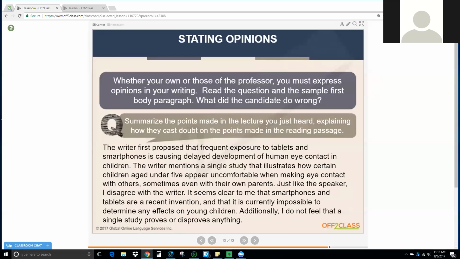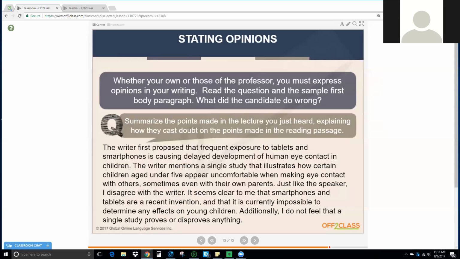So the writer first proposed that frequent exposure to tablets and smartphones is causing delayed development of human eye contact in children. The writer mentions a single study that illustrates how certain children aged under 5 appear uncomfortable when making eye contact with others, sometimes even with their own parents.